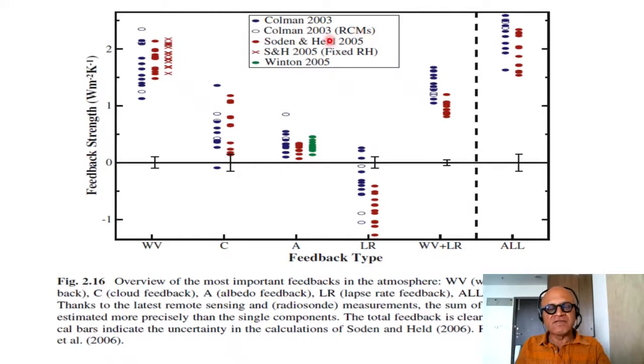Soden and Held estimate from models and estimate uncertainty. So they also have a calculation where they fixed the relative humidity, and another paper by Winton. I won't go into the details of the differences, but fixed relative humidity, why is it important? As you warm the temperature, not only does the air hold more water vapor, but the saturation vapor pressure also increases with temperature.